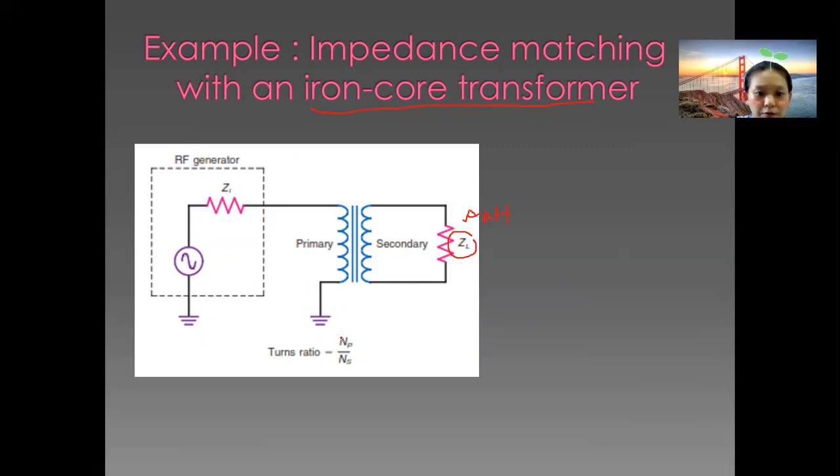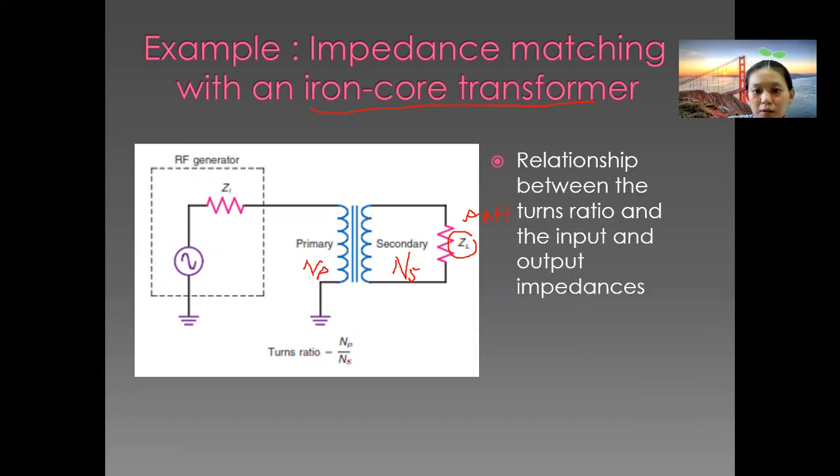So to calculate the ratio between these two turns, we have Np, the number of your primary turns, and Ns, the number of your coil turns of the secondary. To calculate the turns ratio, it will equal Np divided by Ns. The relationship between the turns ratio and the input and output impedance is here.